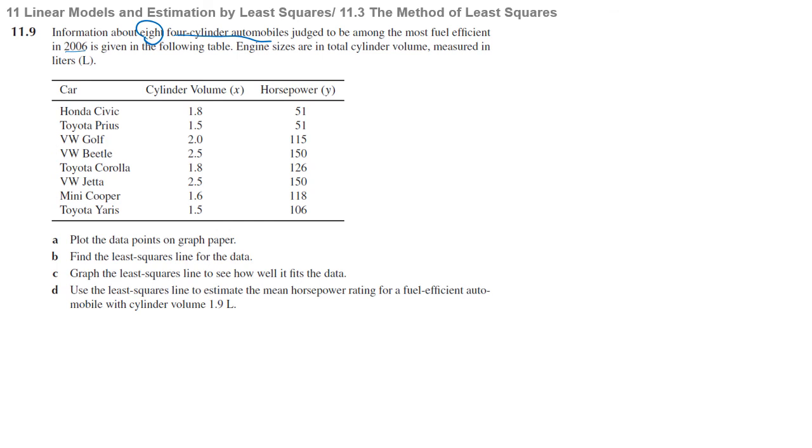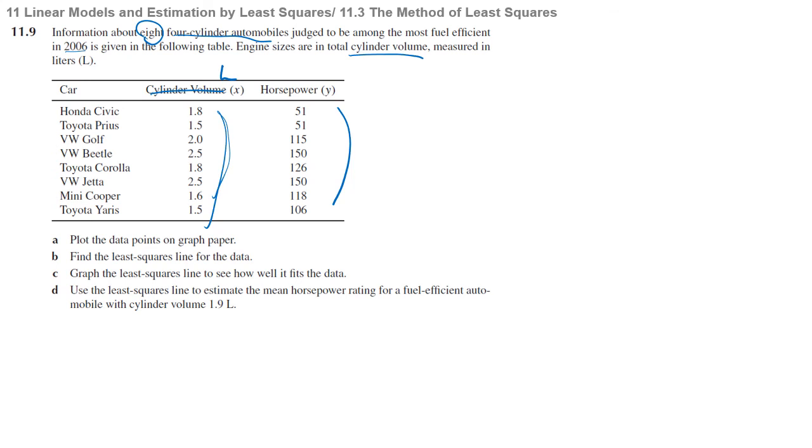Engine sizes are in total cylinder volume measured in liters. So this is engine size, and this is horsepower. And we would like to construct a linear model using this cylinder volume, the engine size, and the resulting horsepower.